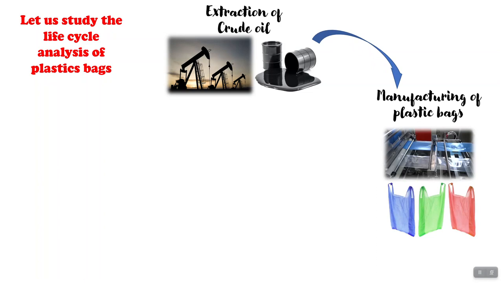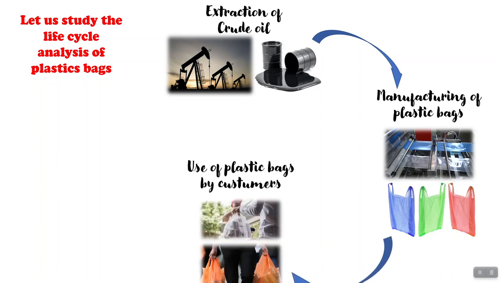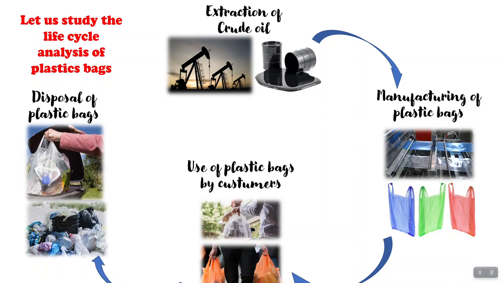The plastic bag has to be manufactured in factories where an amount of energy is used, and even some pollution is made during the manufacturing process. Then the bag is sold and is used by customers. After that, we get rid of the plastic bag because it's a one-use object, and it becomes a waste.